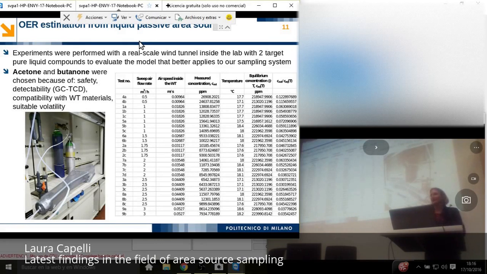So we started by saying, okay, let's try to get another sampling method, and that was the point behind this research activity.